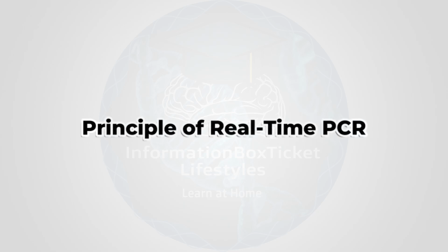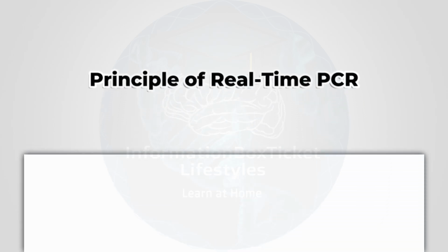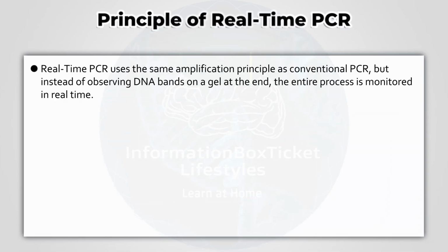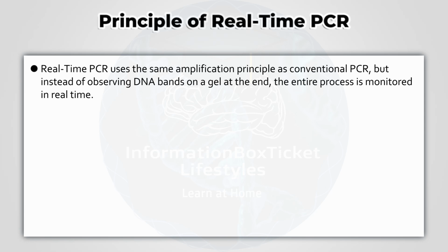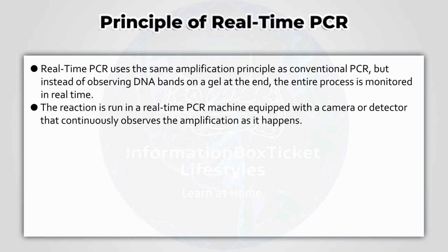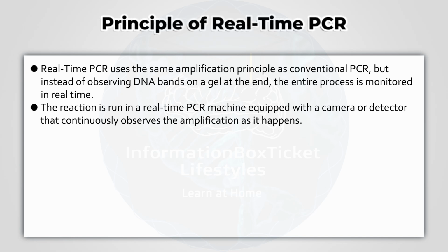Principle of real-time PCR. Real-time PCR uses the same amplification principle as conventional PCR, but instead of observing DNA bands on a gel at the end, the entire process is monitored in real time. The reaction is run in a real-time PCR machine equipped with a camera or detector that continuously observes the amplification as it happens.